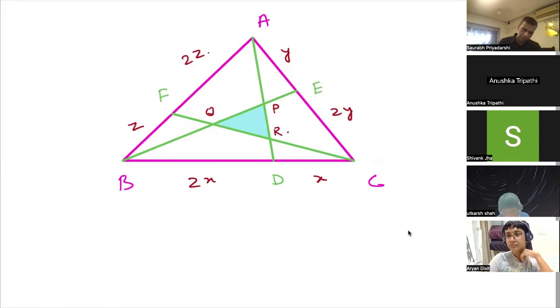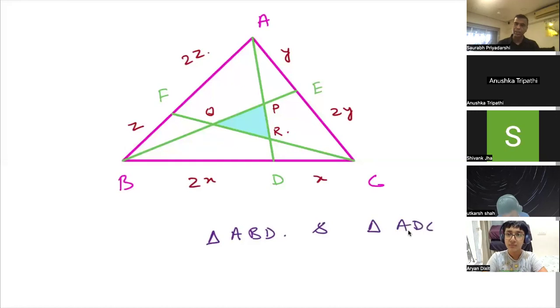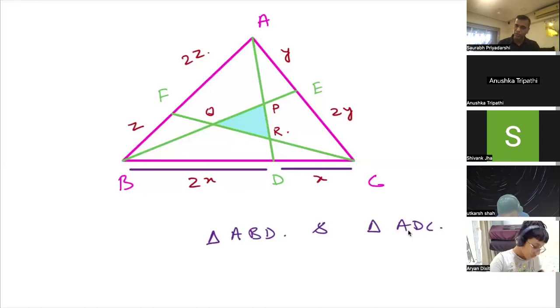Now, what is the requirement? We have to imagine exactly how we have to proceed. If you see the area of triangle ABD and area of triangle ABC, both are on the same base. This is 2x and this is x. So we know that the perpendicular length will be the same in both cases, so the area will be divided in the ratio of 2:1. Is this okay, everyone?